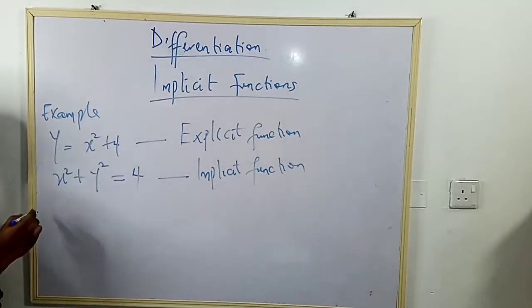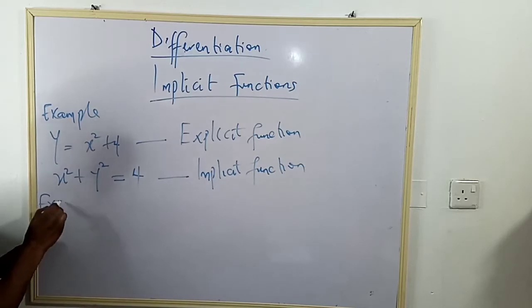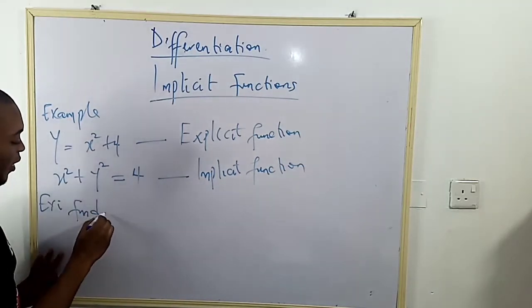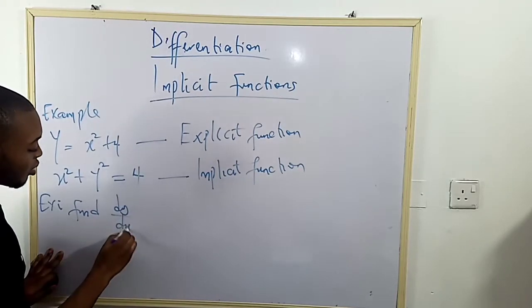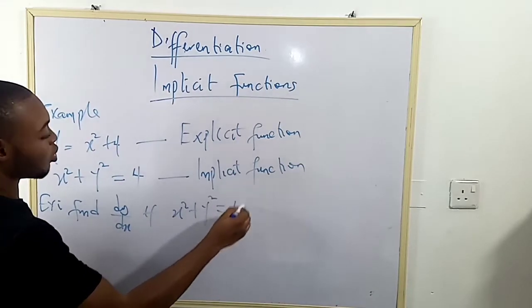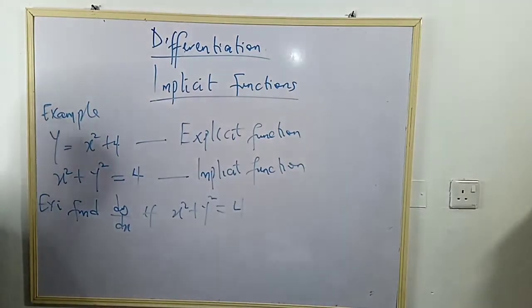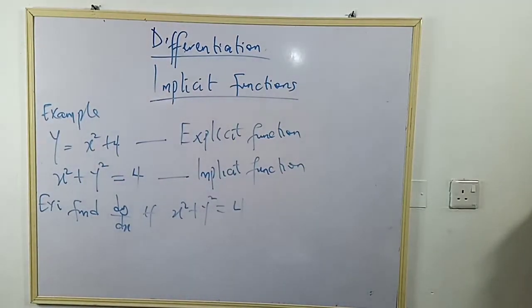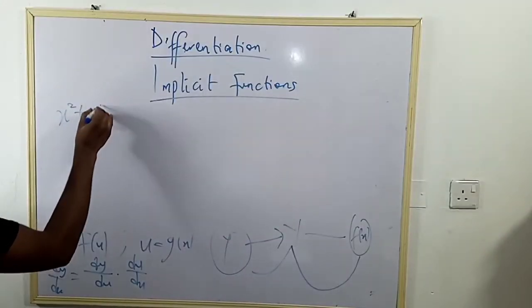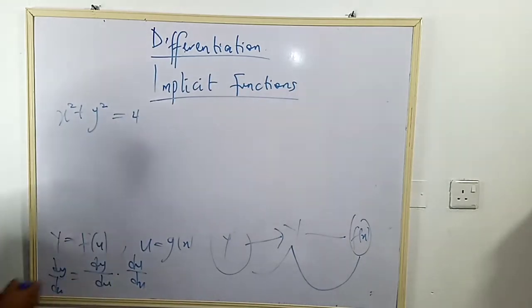We'll use this as example 1. Find dy/dx if x squared plus y squared equals 4. So how do you differentiate this kind of function? x squared plus y squared equals 4.